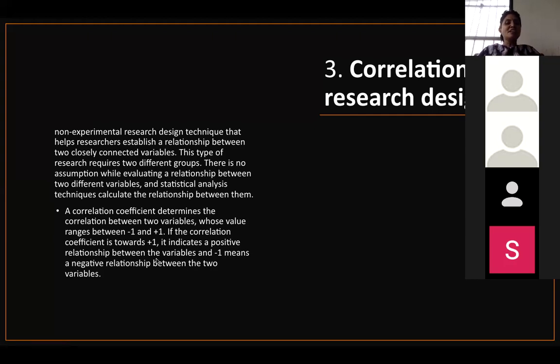Now, correlational: the correlation coefficient is going to be between +1 and -1. What is actually correlation? Are two variables related? If I say stress has caused physical and mental health to get spoiled, are physical health and mental health related? If so, what is the relationship?